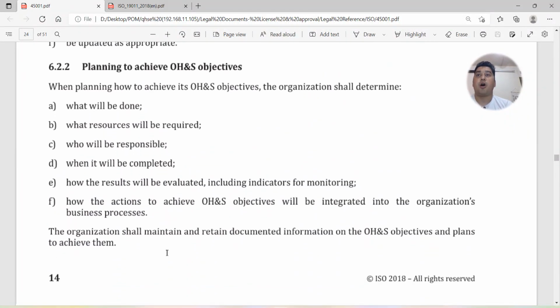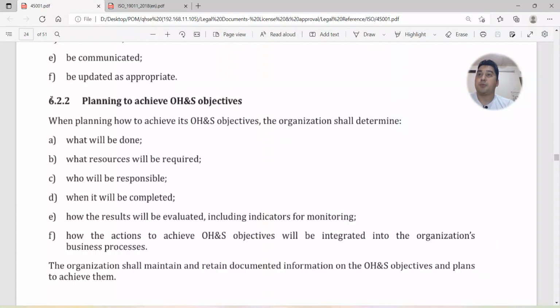So once you set your objective or target, 6.2.2 is saying that you should have a plan to achieve those targets. When planning how to achieve its objectives and targets, the organization shall determine what will be done, what resources will be required, who will be responsible, when it will be completed, how the results will be evaluated, including indicators for monitoring, and how the actions to achieve OHS objectives will be integrated into the organization's business processes.